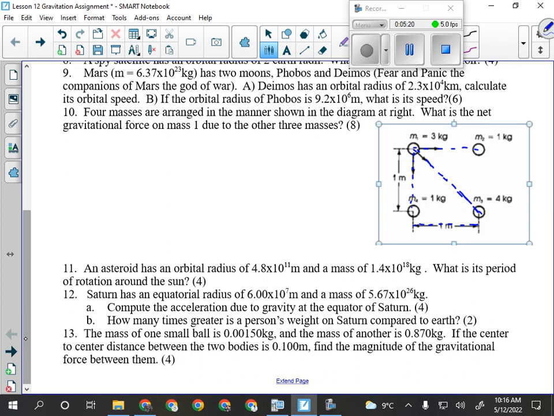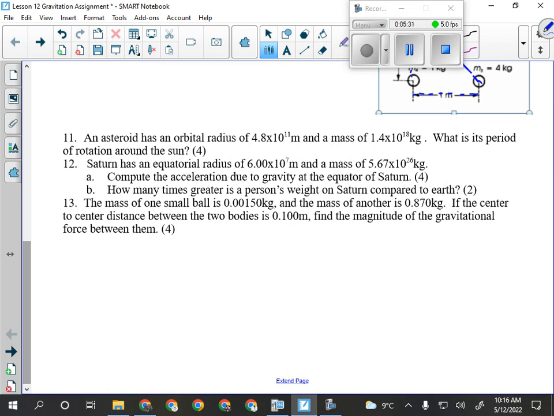Number 11, an asteroid has an orbital radius of 4.8 times 10 to the 11, gives you its mass, and it's asking what its period of rotation is around the sun. There's lots of questions that involve orbital period, so there's probably a fair amount of substitution involved on this assignment. Number 12, we are told the equatorial radius of Saturn and Saturn's mass, and we want to calculate the acceleration due to gravity at the equator on Saturn.